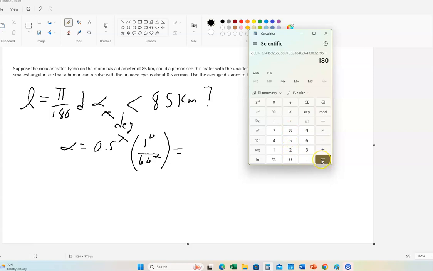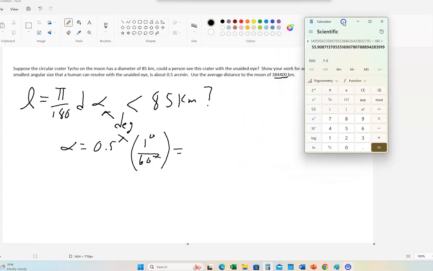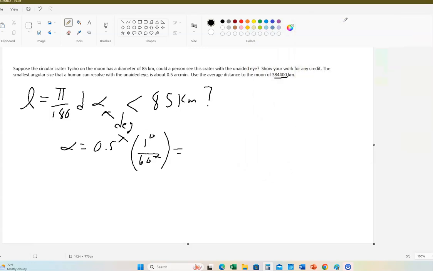So we divide it, and this is going to give us the size of this thing. It should be about 55.9. There it is. When we round to one place past the decimal, it's 55.9. So the human eye could make out any object that is 55.9 kilometers or larger.